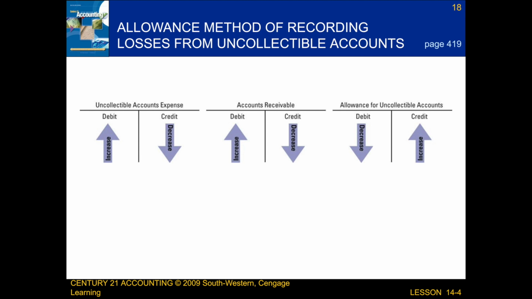Accounts receivable, as we've learned, is an asset account that has a normal debit balance, so it increases by a debit and decreases by a credit. Allowance for uncollectible accounts is the contra account to accounts receivable and has a normal credit balance, so it increases by a credit and decreases by a debit.